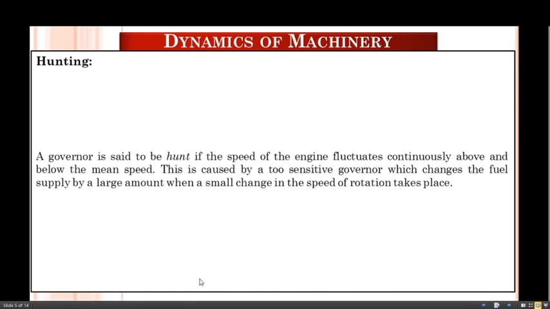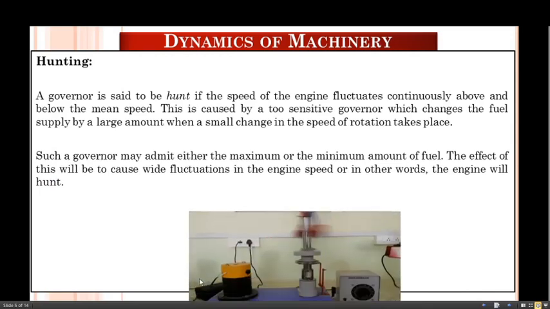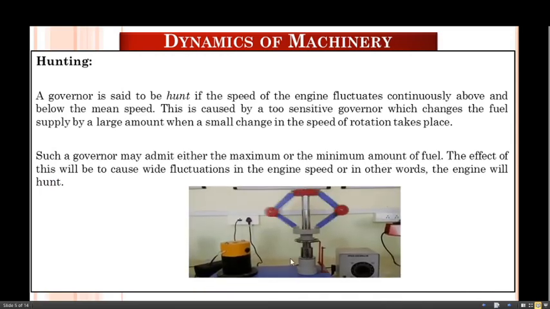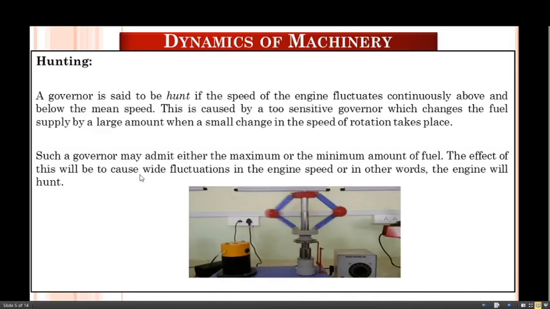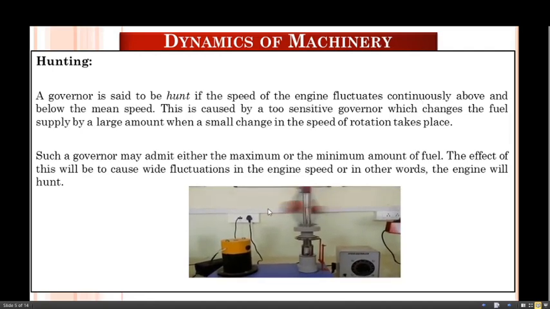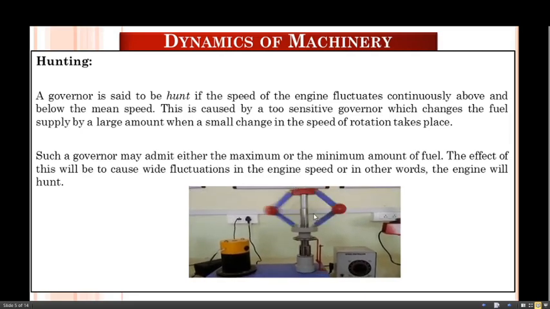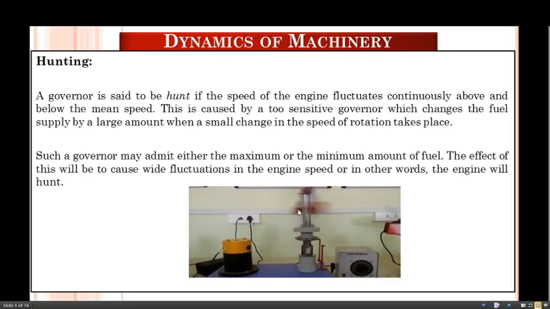Next is hunting. Hunting occurs because of a too sensitive governor. A governor is said to hunt if the speed of the engine fluctuates continuously above and below the mean speed. So like this, the fluctuations in the engine speed occur above and below the mean speed.